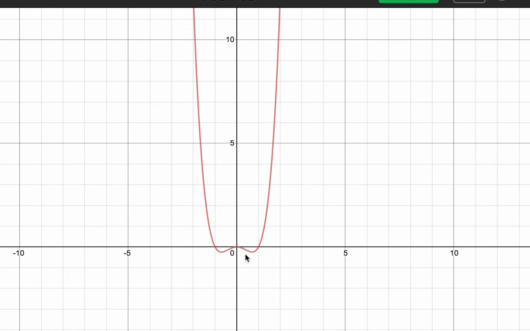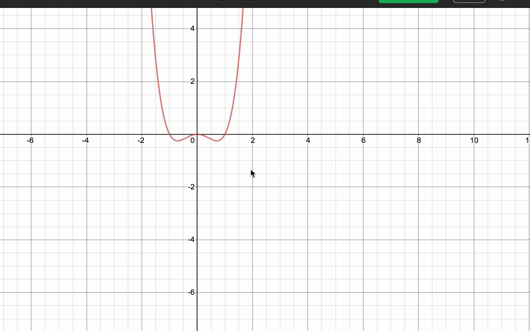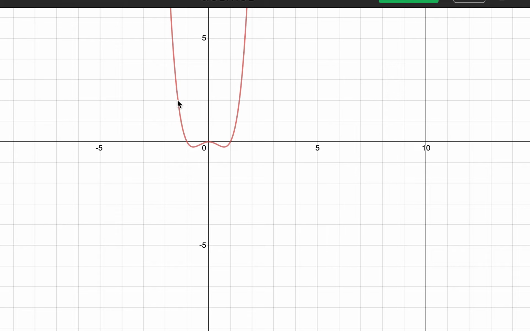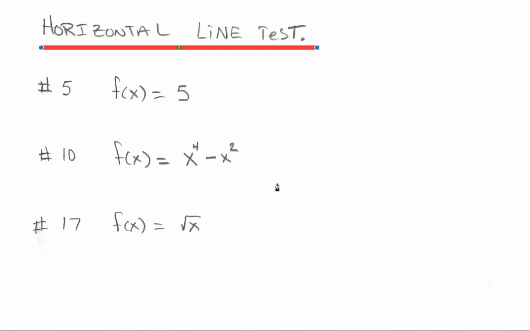For example, the line y equals 0 crosses the function several times. It crosses 1, 2, 3 times. Y equals 2 crosses the function twice. So the horizontal line crosses my function more than one time. So it is not one-to-one because it fails the horizontal line test.